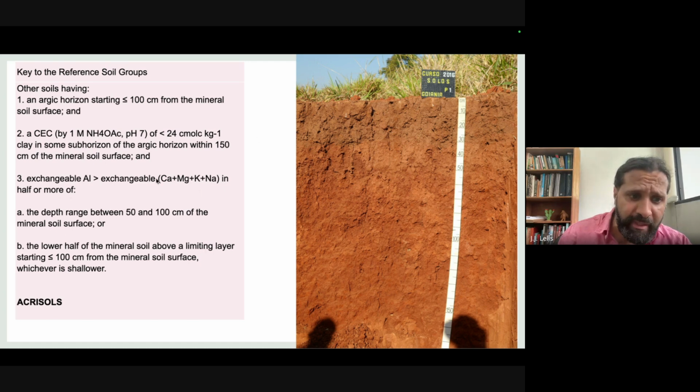Okay, so the acrisols are those soils with an argic horizon, low activity clays, and a higher content of exchangeable aluminum when I compare with exchangeable bases. So low activity clays, low content of base saturation, or low content of bases, and argic horizon. Okay?